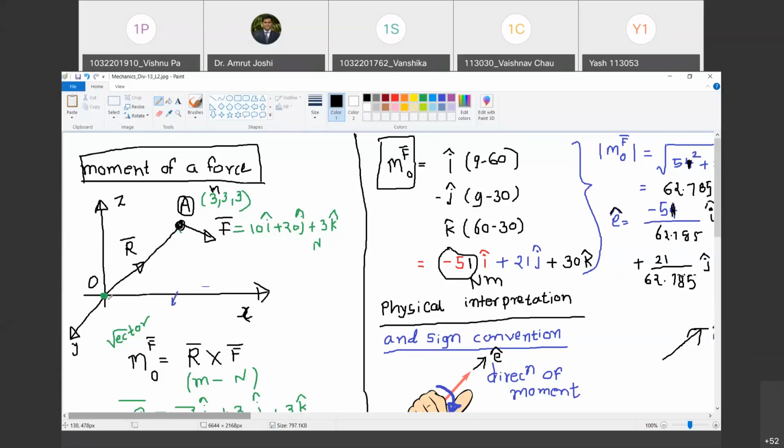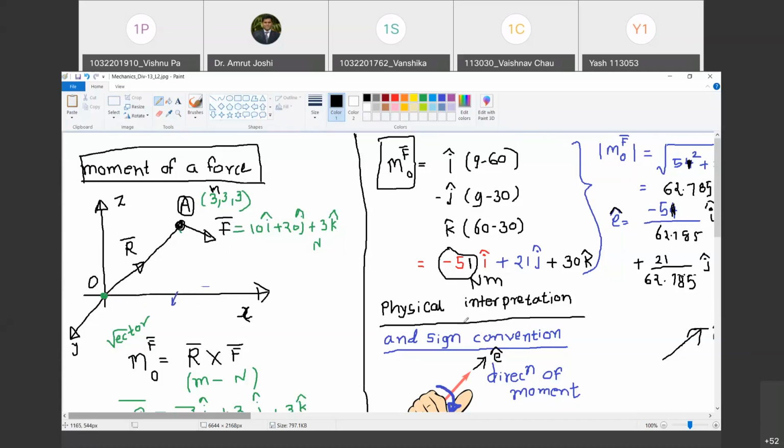So which is the axis parallel to I cap passing through O? It is X axis. So if I ask you the question, what is the moment caused by this force F bar about X axis passing through O? The answer is minus 51 Newton meter.